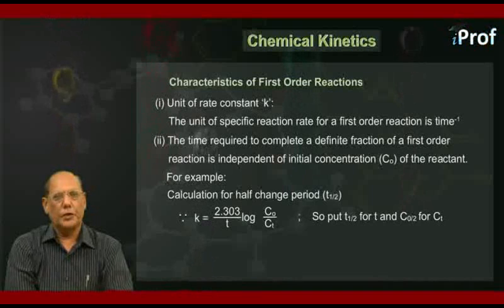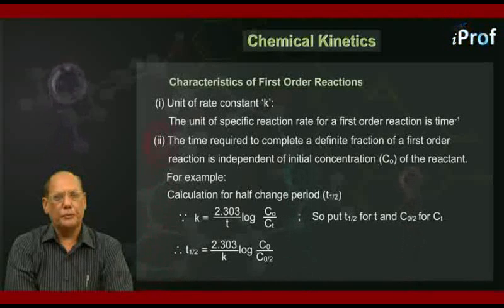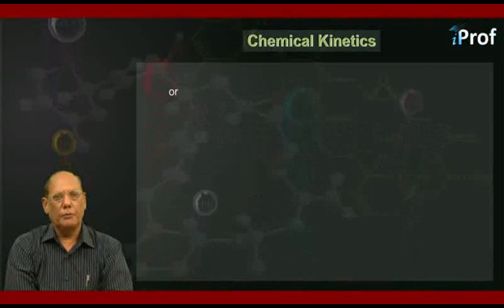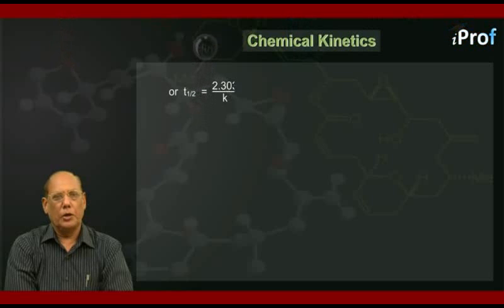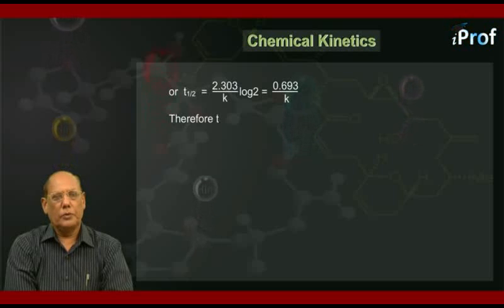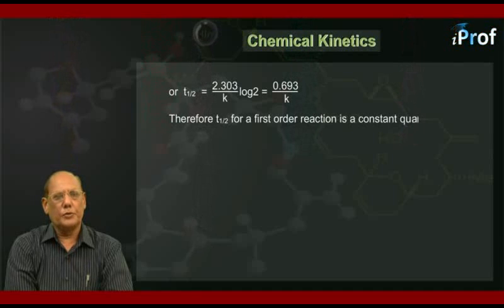We get T half equal to 2.303 upon K log of C0 upon C0 by 2, or T half is equal to 2.303 upon K log of 2, that amounts to 0.693 upon K. Therefore, T half for a first order reaction is a constant quantity independent of C0.